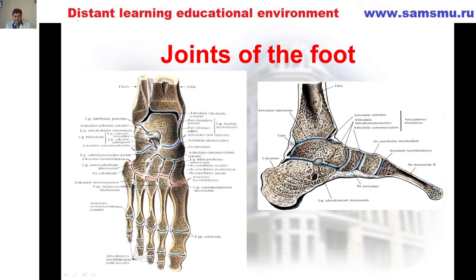Two joints are formed, one transverse joint. First is calcaneocuboid and second is talonavicular. And you may see these two joints form one functional joint, Chopart joint, articulatio tarsi transversa.